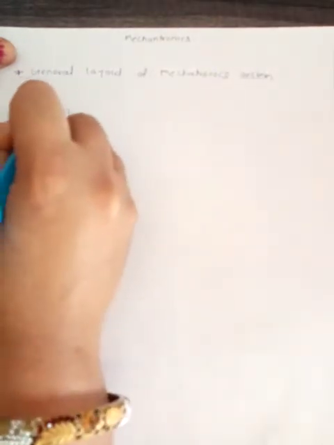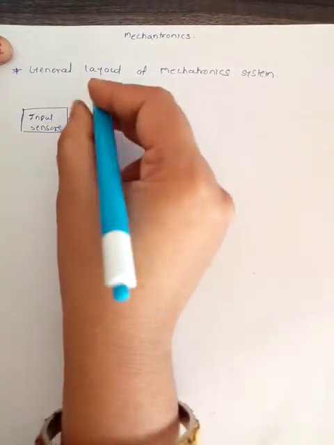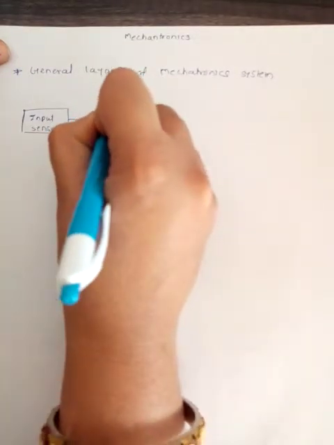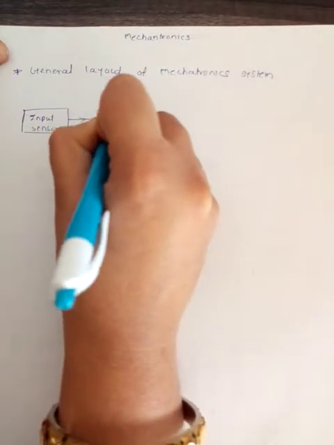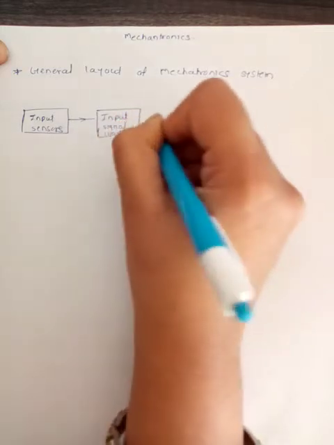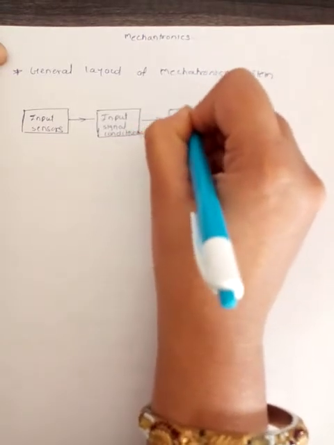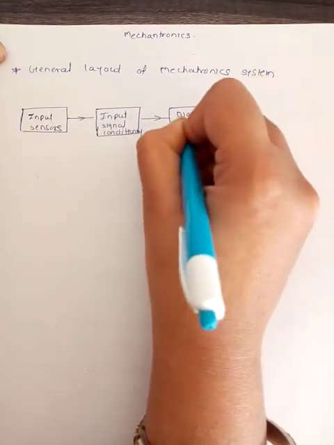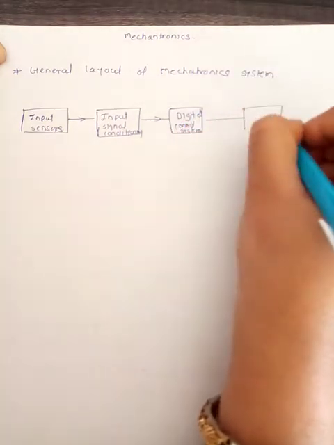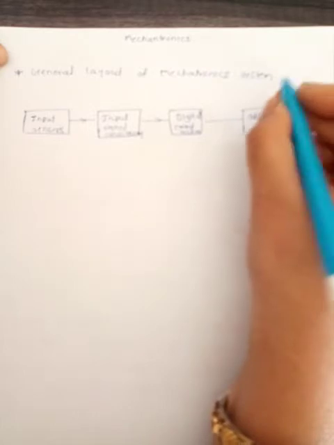It starts with the input sensor, then this input sensor passes to the input signal conditioning, then the digital control system, then the output signal conditioning, and the output display.